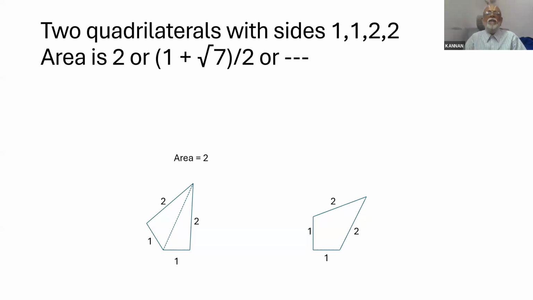Therefore, there are plenty of answers to the single question, what is the area of a quadrilateral with sides 1, 1, 2, 2. Infinitely many areas are possible. But for cyclic one, only one answer is possible. That is number 2 here. Remember, I am not saying only one cyclic quadrilateral is there. There are plenty again. But fortunately, all of them will have the same area.